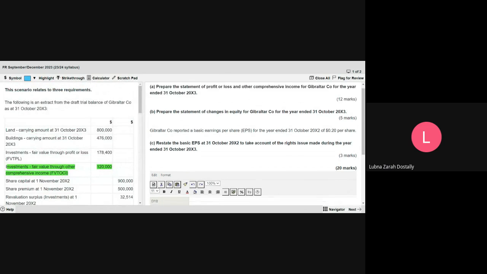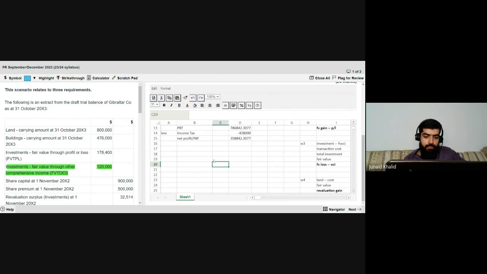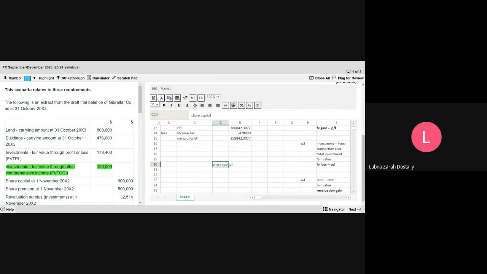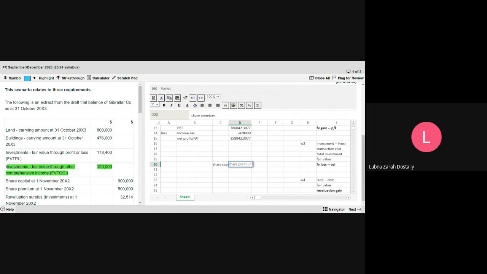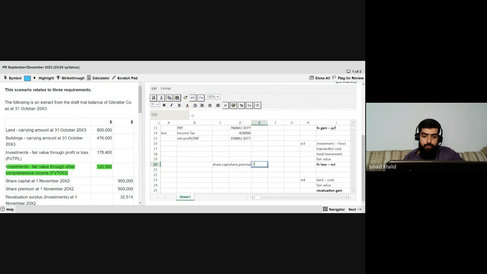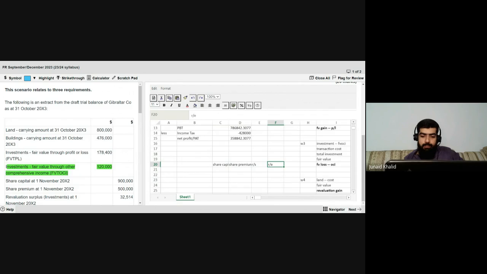Is it? Yes. So we are going to prepare a few columns over here. The first column would be for the share capital. And the second column is for the share premium, then revaluation surplus, and then retained earnings.